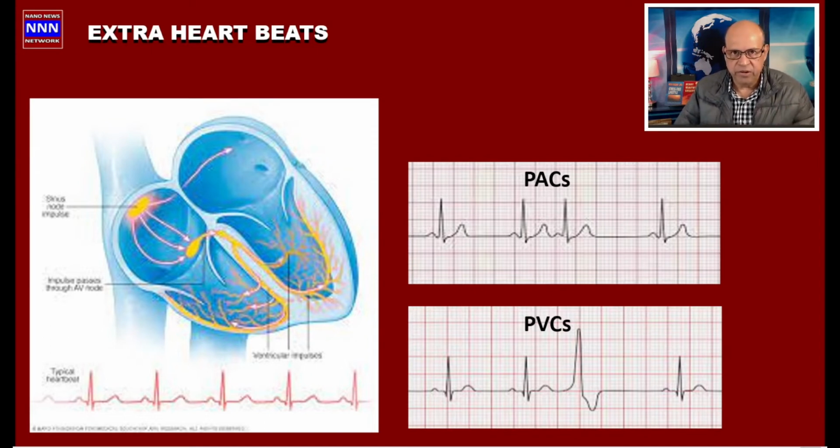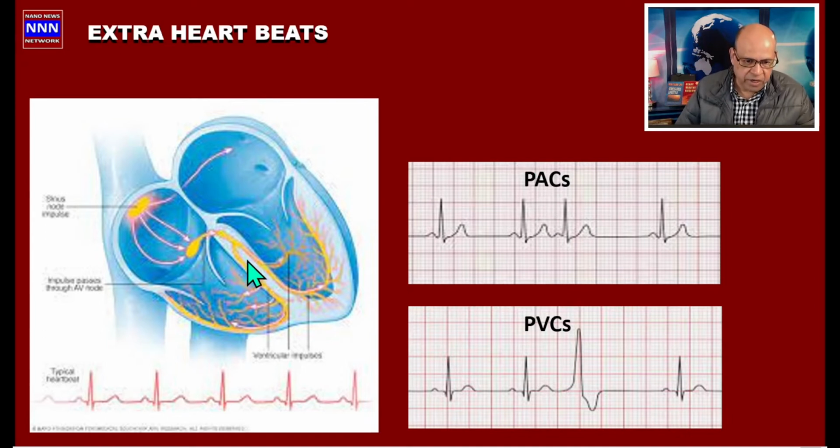So there's a difference between premature atrial contraction versus premature atrial complexes. The real terminology when we are looking at the EKG is premature atrial complexes or premature ventricular complexes. We talked about the PACs.